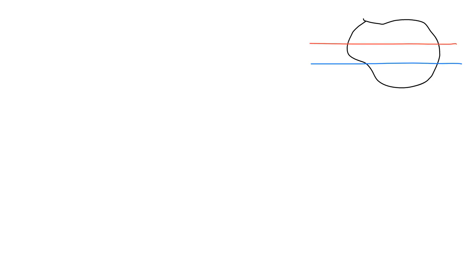So let's say I have some shape out in space that I want to compute the moment of inertia of. The idea is I might have the moment of inertia with respect to some axis, and now what I want to do is find the moment of inertia with respect to another axis.